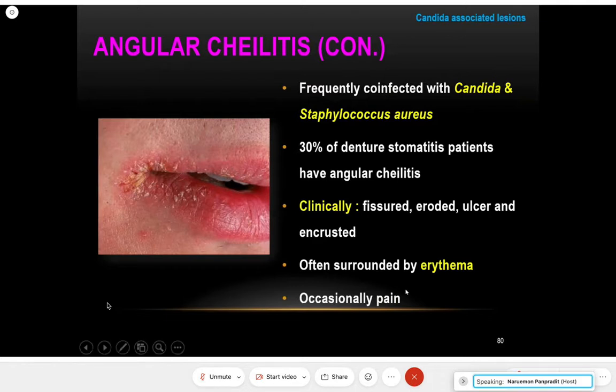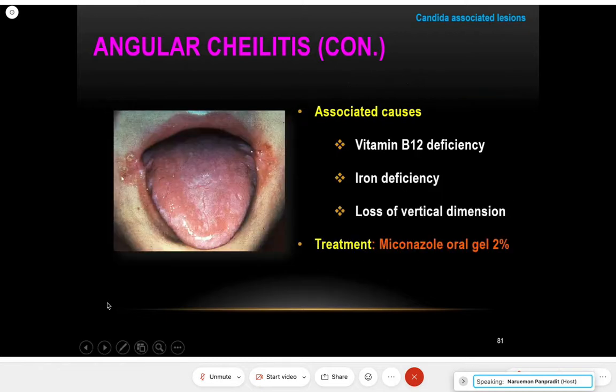Not every case feels pain, but most cases have red color. Some patients also have cracks, and they complain about pain. This shows angular cheilitis mixed with oral candidiasis on the tongue.